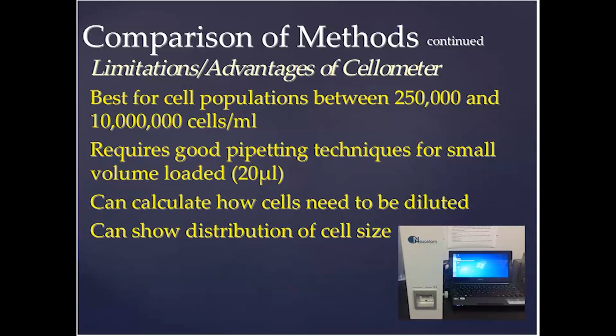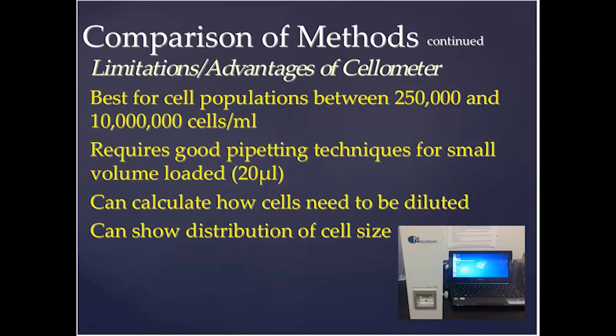So for very low numbers or very high numbers above 10 million, you're not going to be able to get good counts. You also have to be very careful when you pipette these very small volumes, 20 microliters, into the little slide, the counting chamber.